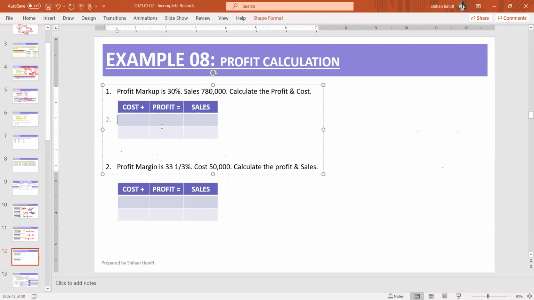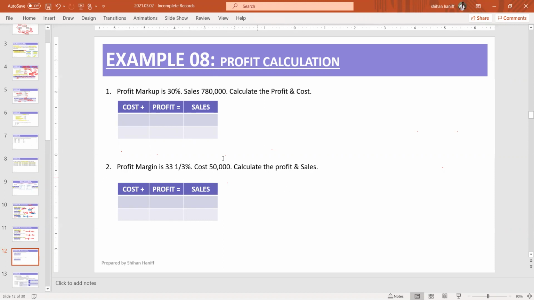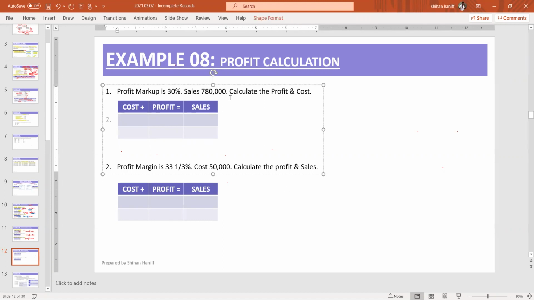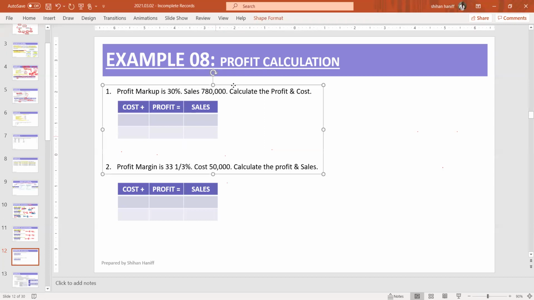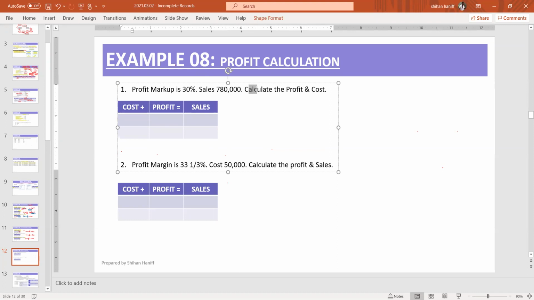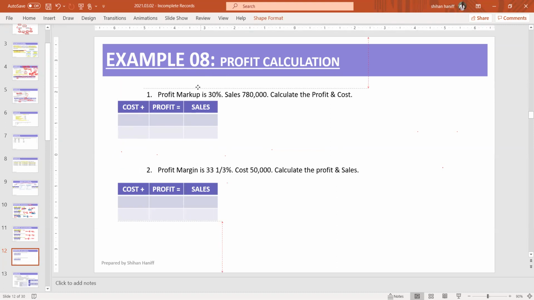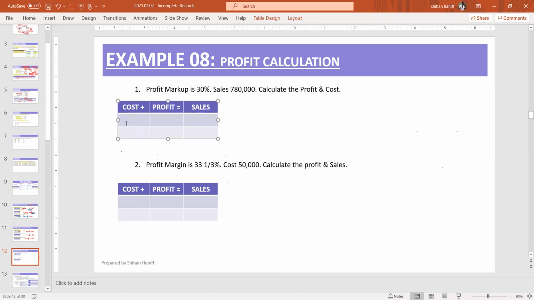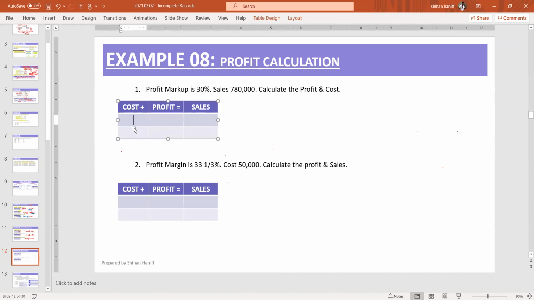First one. Profit markup is 30%. Markup means on cost.